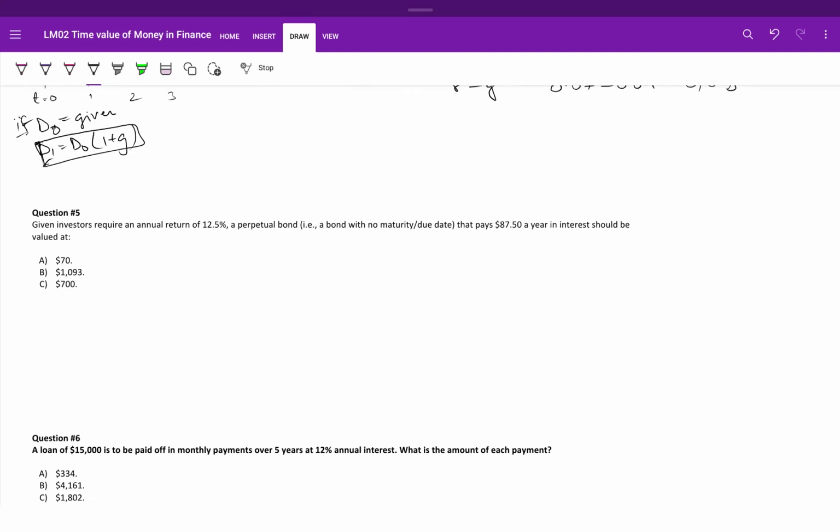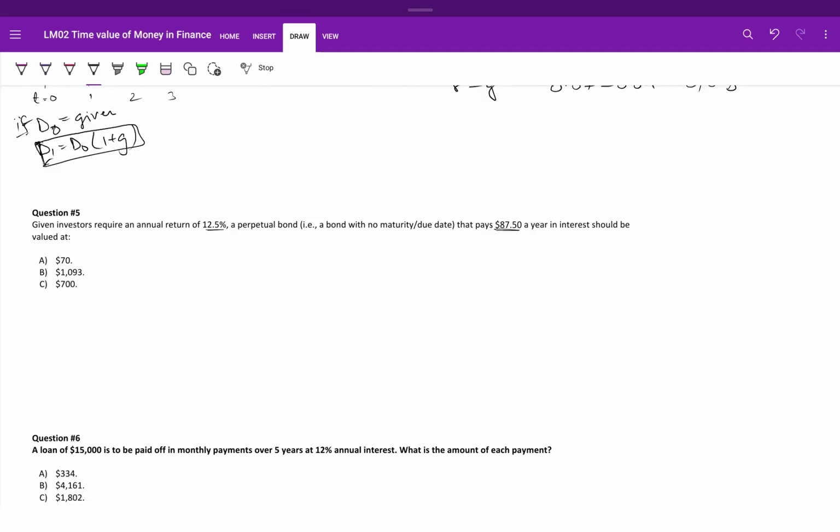Next question is question number 5. Given investors' required annual return of 12.5%, a perpetual bond pays $87.5 a year in interest, should be valued at what? Okay, this is again a simple question.